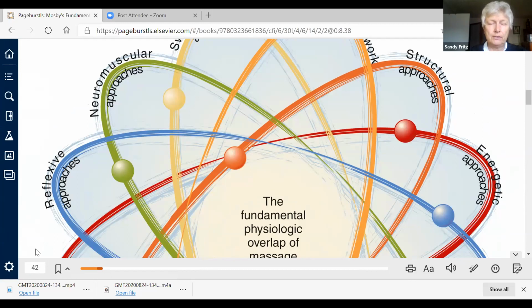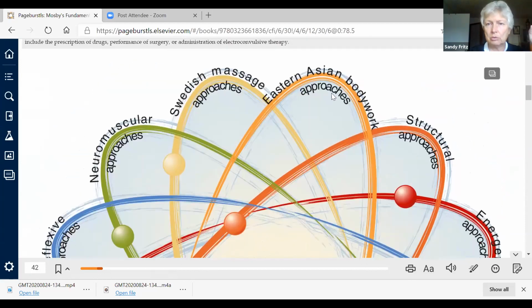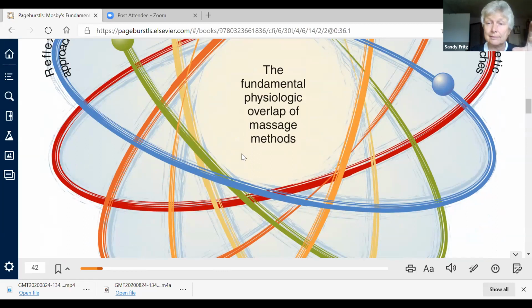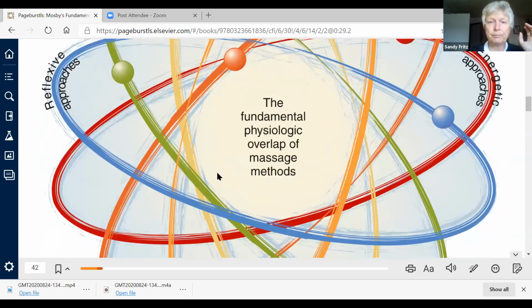They have oftentimes a unique language, which is confusing. They might have a focused approach to a particular body area. They may have a cultural construct. They might be the legacy of a specific teacher.